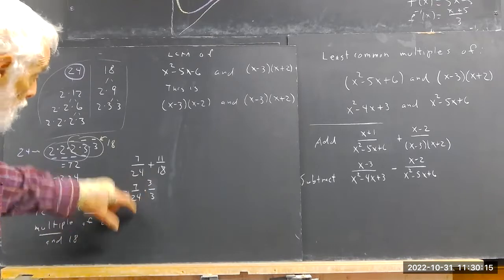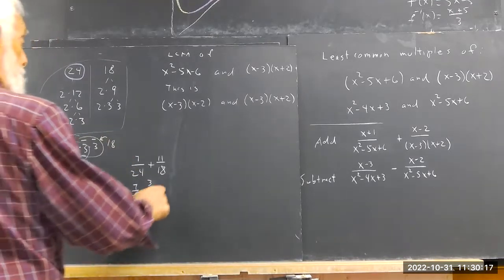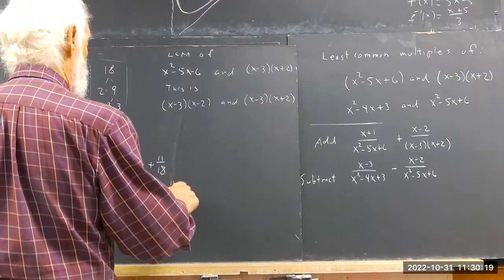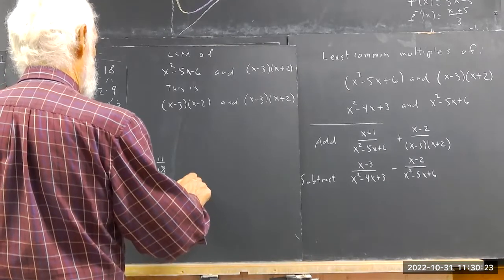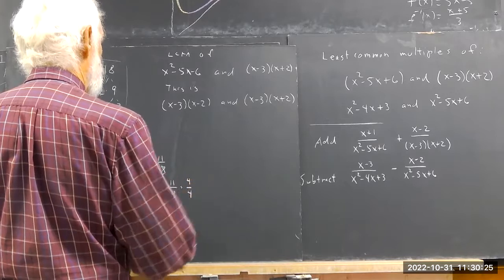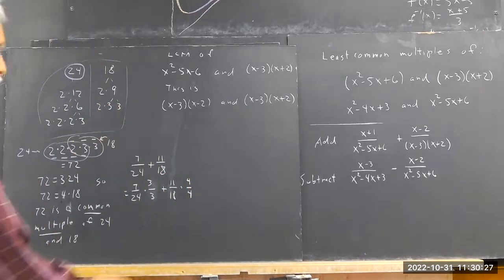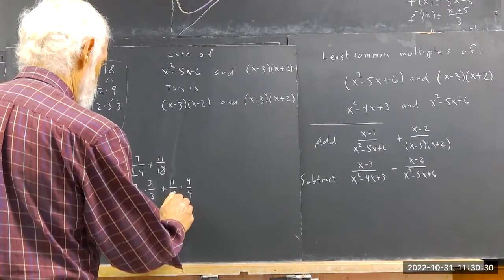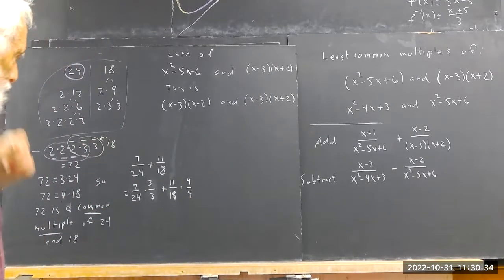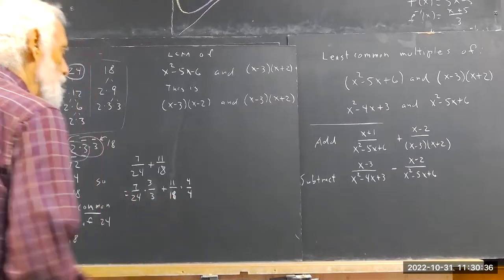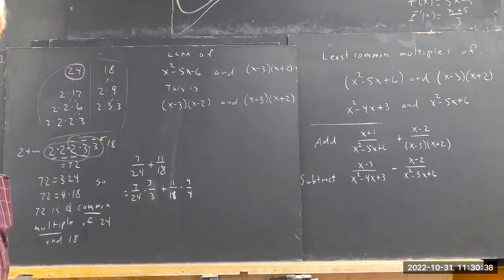If I don't multiply by 1, I change my number. Okay. That's 11 over 18 times 4 over 4.